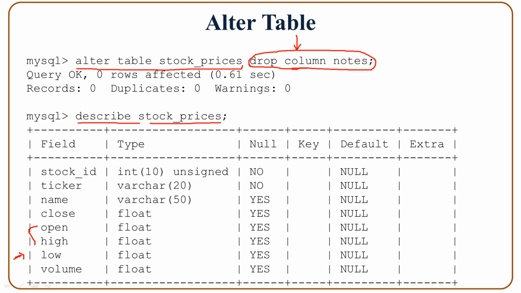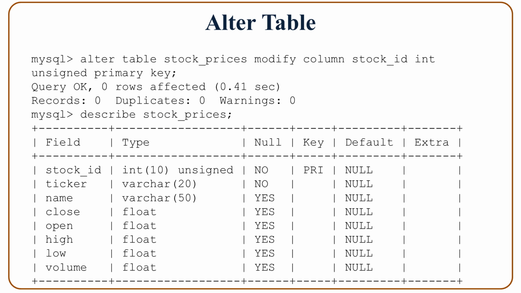You can also modify a column, so you use the same syntax, alter table stock prices, and now you say the action with the column, modify column. Modify what? Modify the column, namely stock ID, and you specify the new specification.